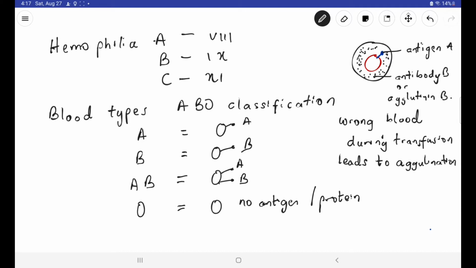Hemophilia basically results in the inability of blood to clot properly.